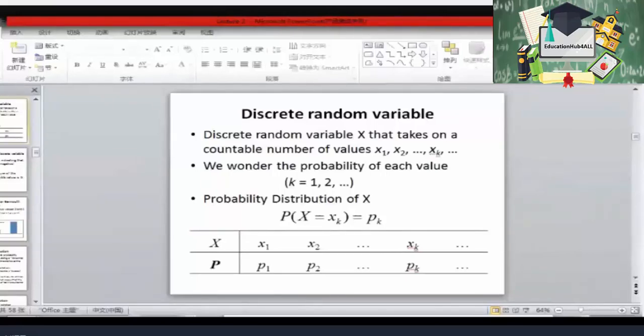I put the number of trials as 5, the probability is this, and here I put the 0.